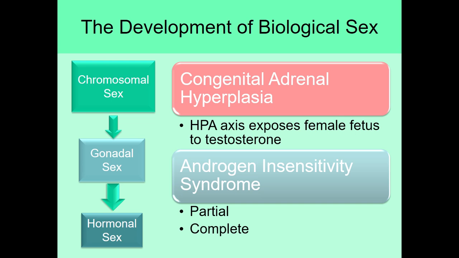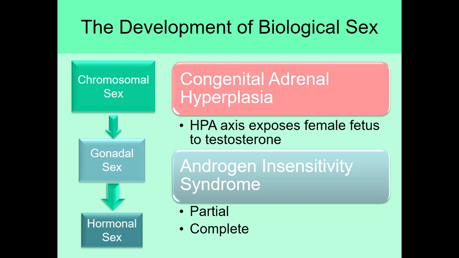That would be partial androgen insensitivity syndrome. Sometimes it's complete, so it happens even before the sex organs develop. And so you may end up with feminized sex organs, so feminized that you literally could not tell that those aren't female sex organs. The only way that you can tell is that what look like ovaries are actually gonads.